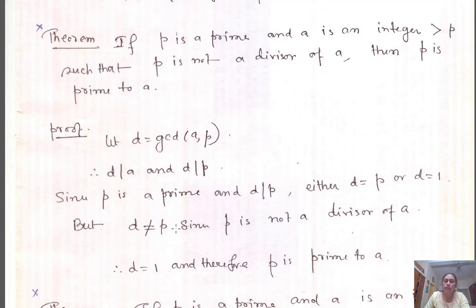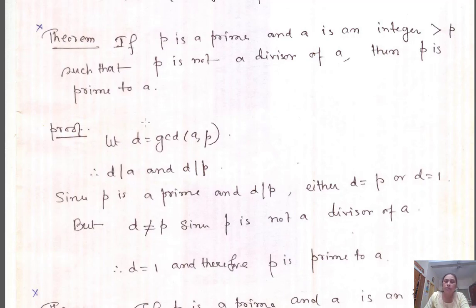But D cannot be P, because if D is P, since D divides A, P divides A, but P is not a divisor of A. So D must be 1.